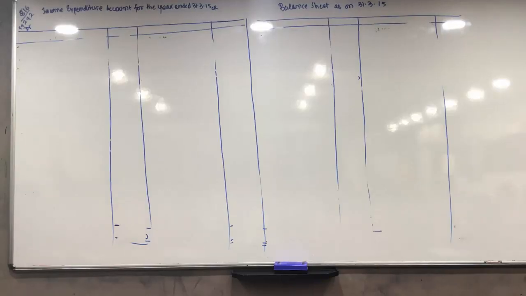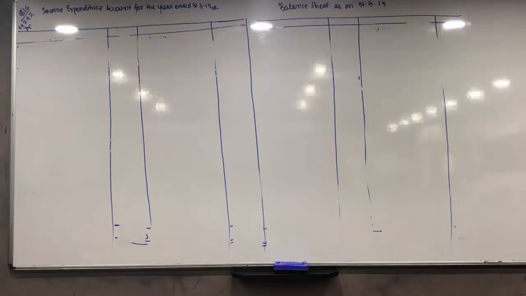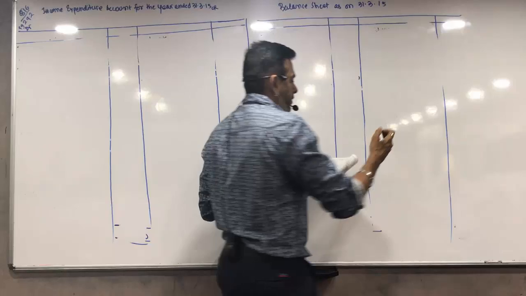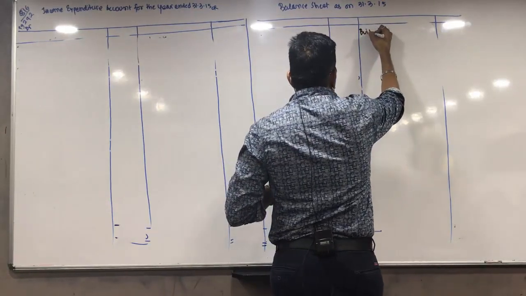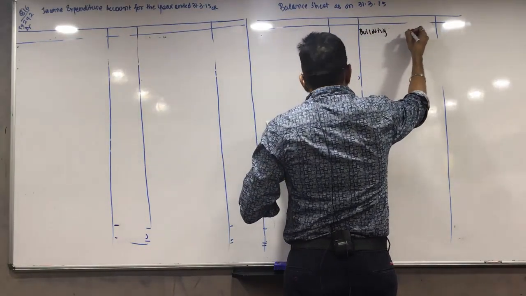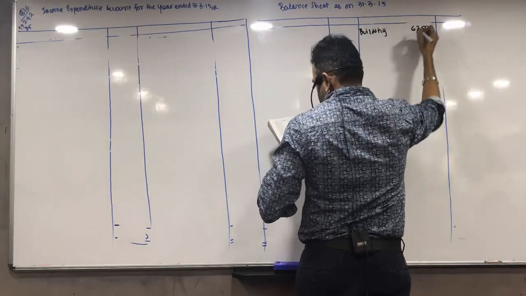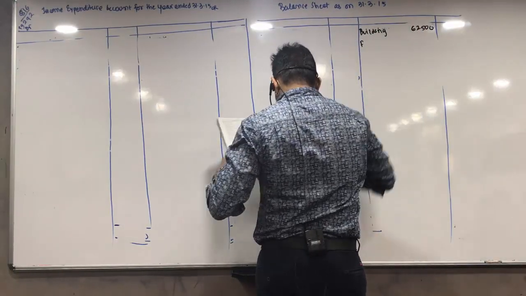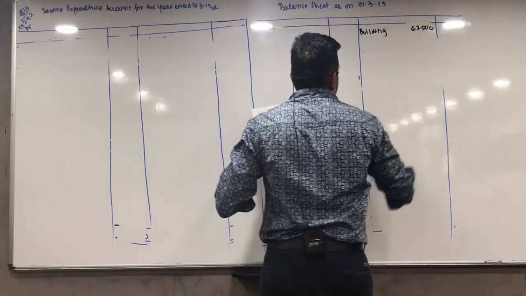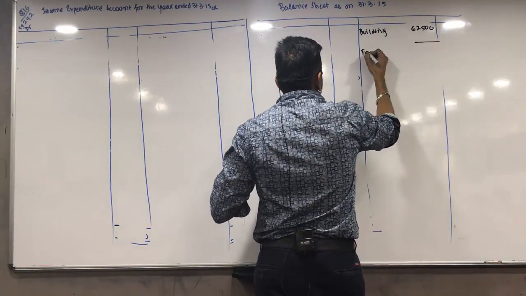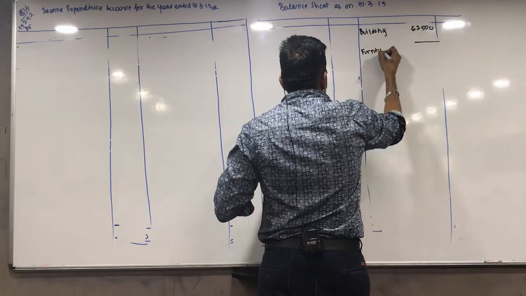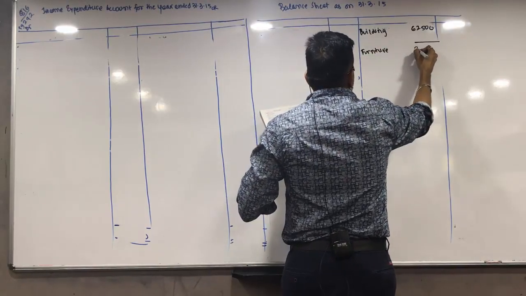Okay, let's start with the sum. Ready with the format? We start with building asset. We'll do all the adjustments later. Building, inner column 62,500. Furniture 29,000.